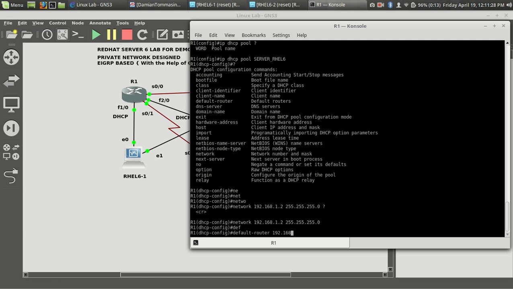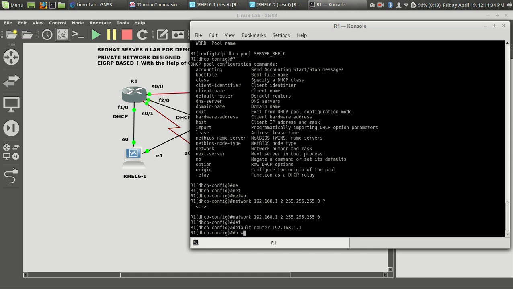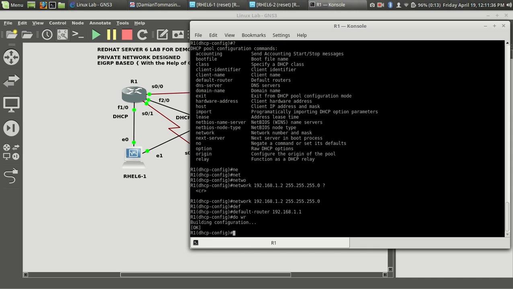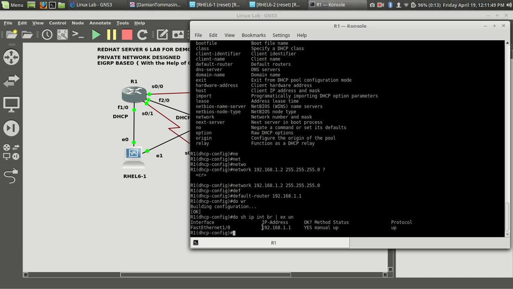Don't make any kind of confusion. Default router, and then I am saving the configuration.